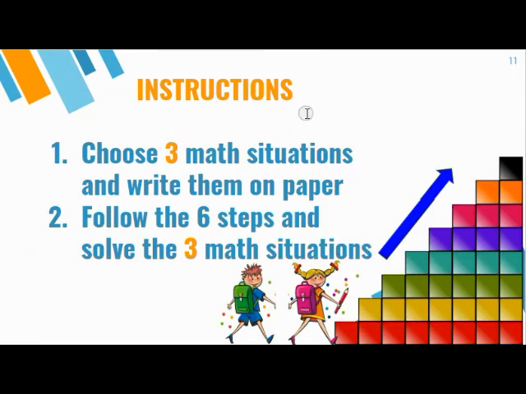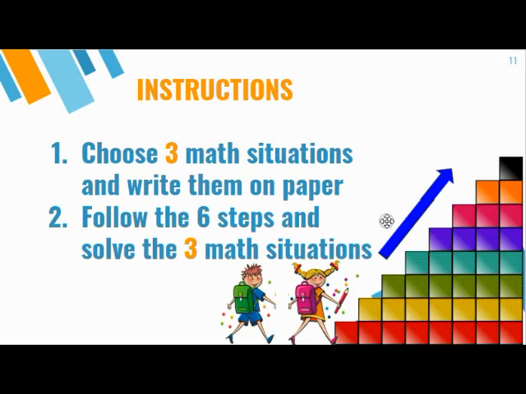Now, what are the instructions for this session? Next, we're going to look at some math situations. You need to choose 3 of them and write these math situations on paper. Next, you should follow the 6 steps and solve the math situations on your paper.